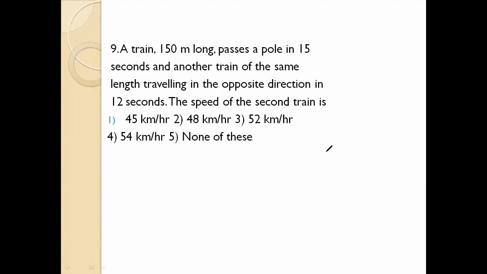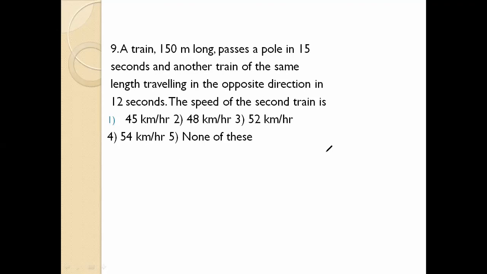A train 150 meters long passes a pole in 15 seconds, and another train of the same length traveling in the opposite direction passes it in 12 seconds.